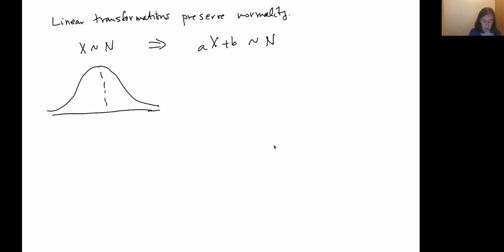Okay, so if this is X, this is the PDF of X. I'm not going to write out the whole thing here. The center of the PDF is the mean. So the expected value for a normal is the same as this point of symmetry, and that's an important thing.